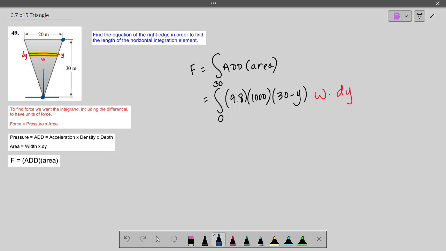What are the coordinates of that point up top? 10, 30. Halfway up here is going to give us 10 across, and then 30 all the way up. 100%, 10 comma 30, that is our point. So the slope then, we go up 30 over 10, so the slope is 3. So y is equal to 3x. That is the equation of the right edge of this triangle.